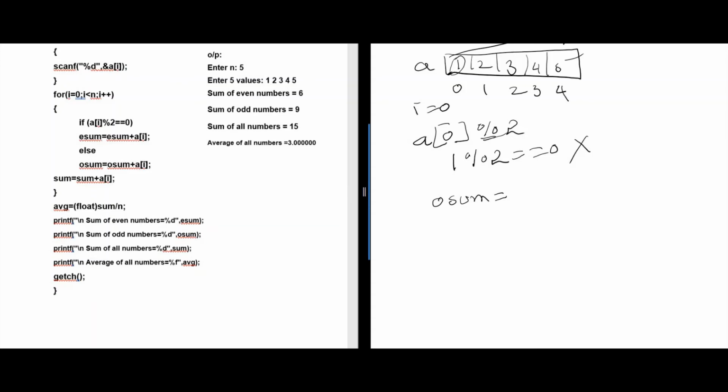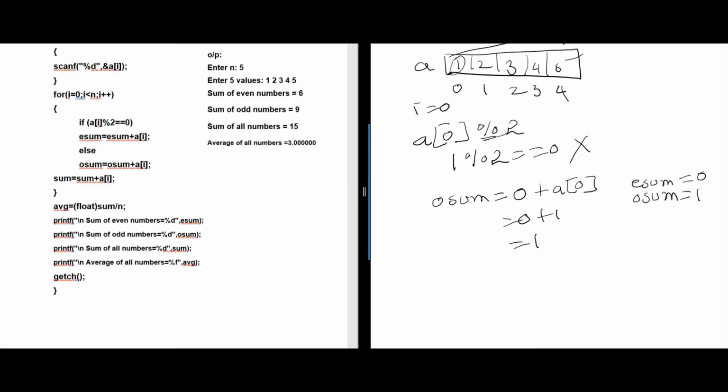What was the initial value of osum? osum was 0. 0 plus a of 0, which is 0 plus 1, equal to 1. So my osum value has become 1, whereas esum value is still equal to 0.